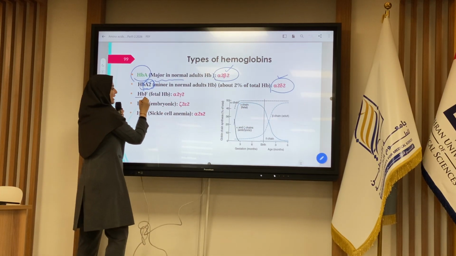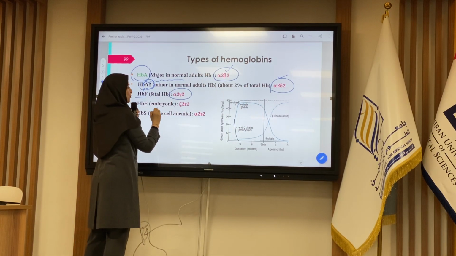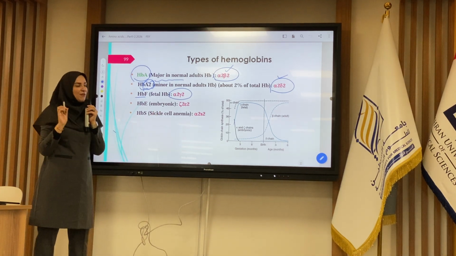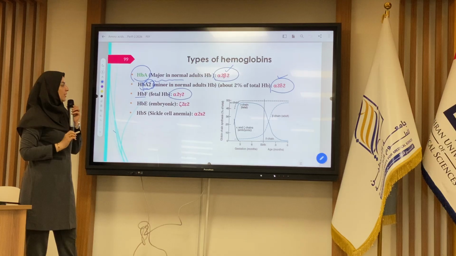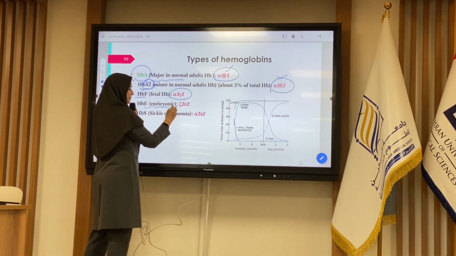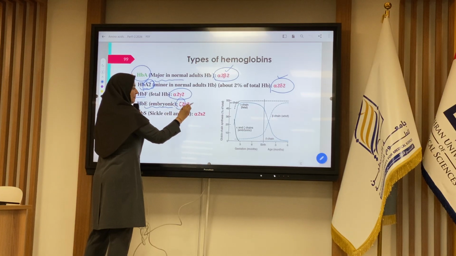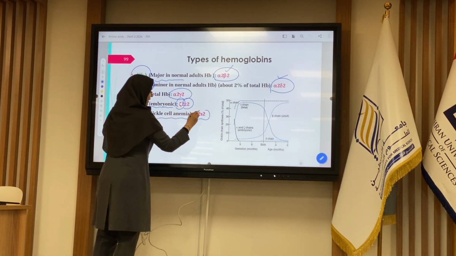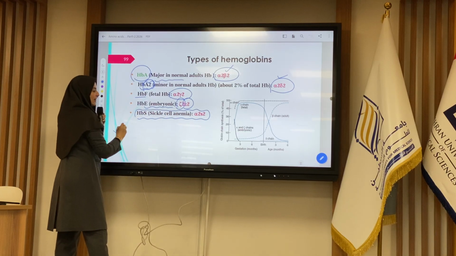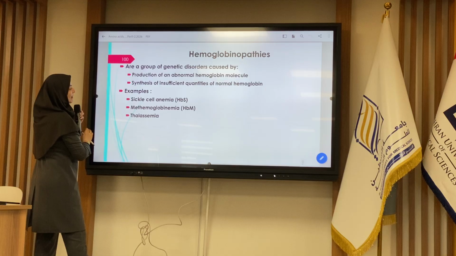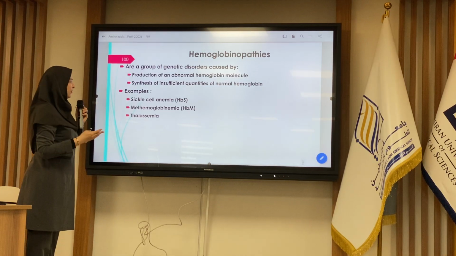And hemoglobin F, alpha 2, gamma 2. Inshallah, as a physician, you should be familiar with the different types of hemoglobin. Embryonic hemoglobin is zeta 2, epsilon 2, and in an abnormal situation, in a disorder, you have sickle cell anemia, alpha 2, S2. And about the hemoglobinopathies, we have different types.